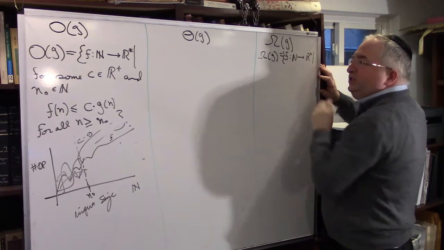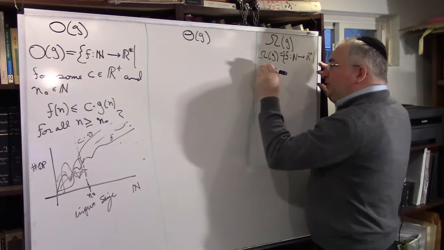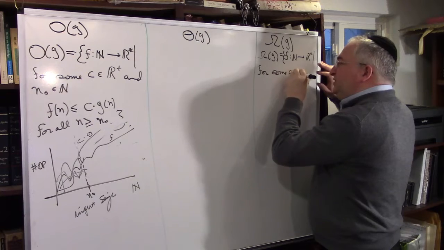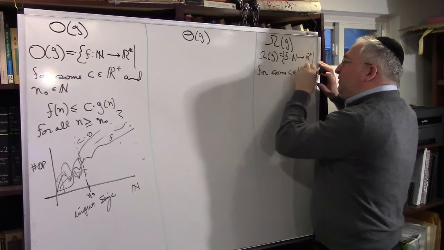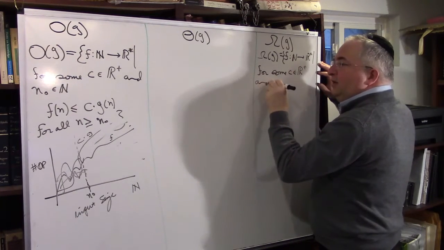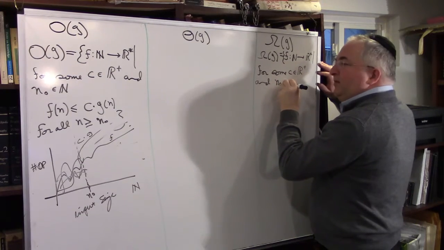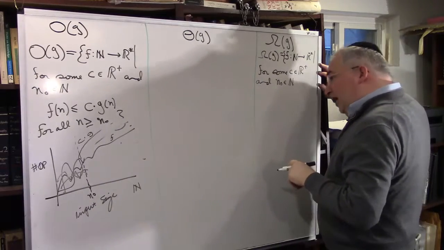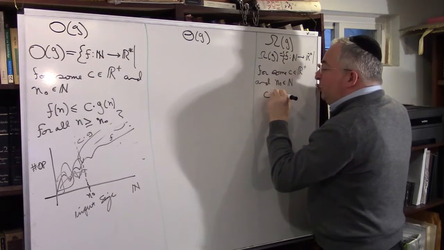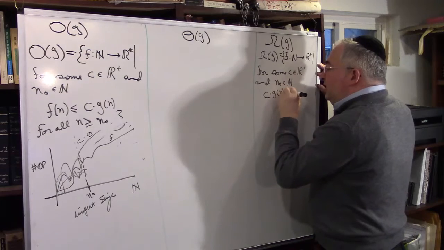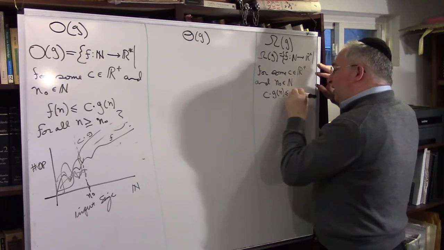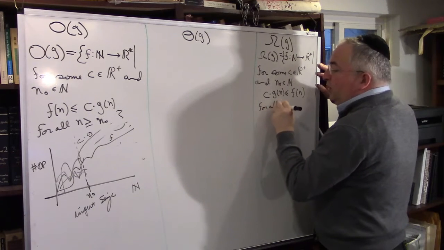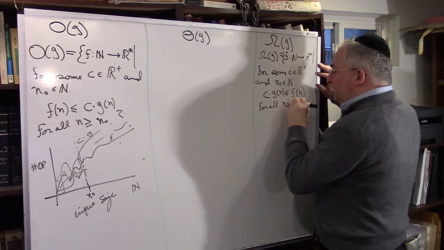N to R star, such that, almost exactly the same, for some C member of R plus and N0 member of N, just like before. Here we have it the other way. C times g of n is less than or equal to f of n. Exactly the opposite. For all n greater than or equal to N0.